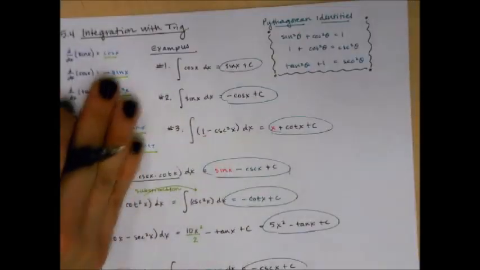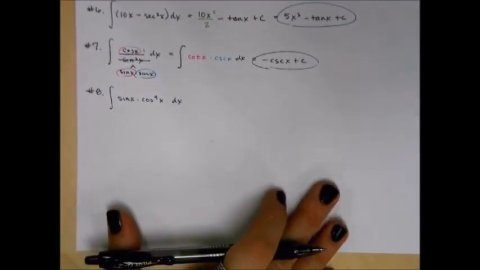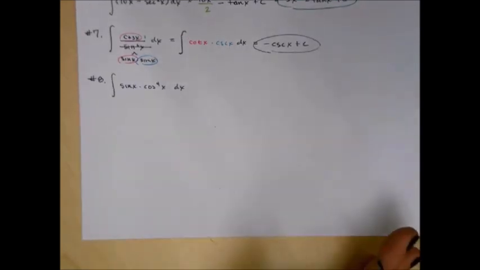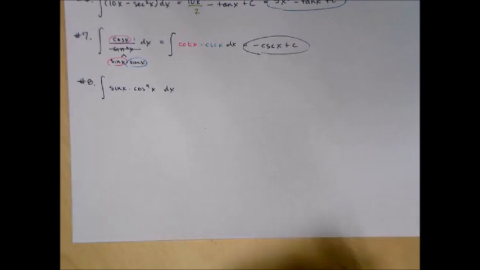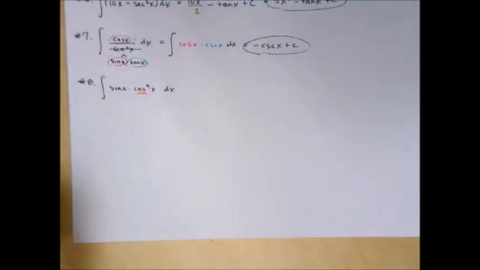So what happens is we want to think of this as our u substitution rules. Whenever I have high powers, I'm looking to use u substitution here. So that high power for cosine, okay, is what tells me that I'm going to need substitution on this problem.